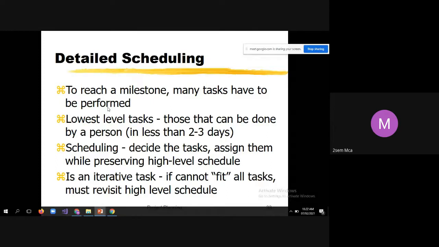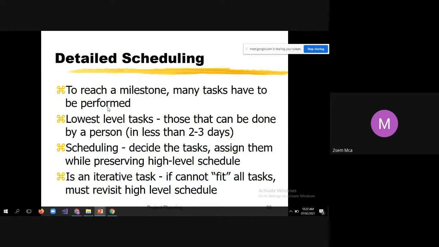Decide the tasks and assign them while preserving the high-level schedule. Once you decide the task, it has to be assigned to the suitable individuals. It is an iterative task. If you cannot fit all tasks, you must revisit the high-level schedule. You cannot expect that one person will do only one task.